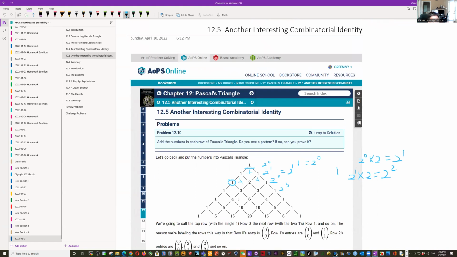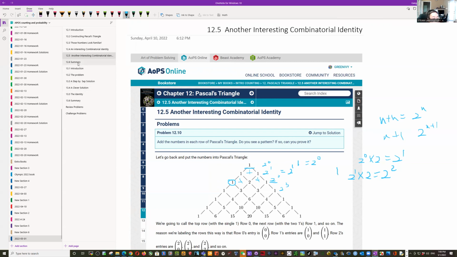So you assume that the nth layer sums to 2 to the nth, then because every element of the nth layer is going to be doubled into the n plus 1 layer, the n plus 1 layer has to sum to 2 to the n plus 1 power. So it's really easy to prove using mathematical induction.